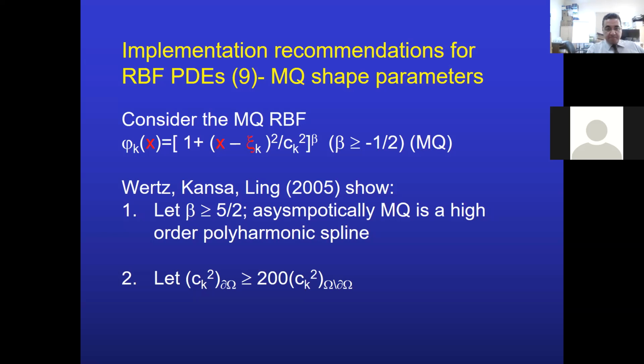Wirtz, Kansa, and Ling show that with beta equals 5/2, this makes the multi-quadratic basis function look like a higher order monotonic spline. And we also let the shape parameter on the boundary be 200 times greater than that of the interior. Next.